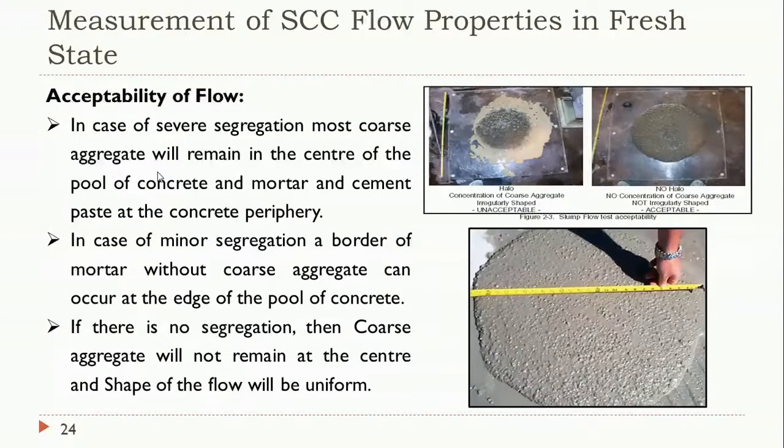If you see the third picture, you can see how the shape of the flow is uniform. Along with the cement mortar, you can see the core aggregate also at all the borders of the flow. So this is where we can say that it has a high resistance to segregation.